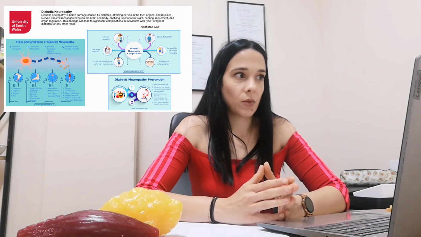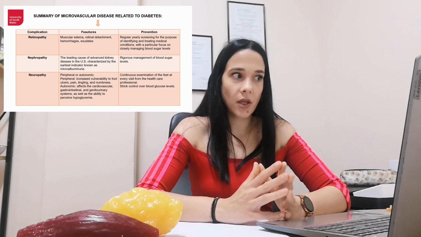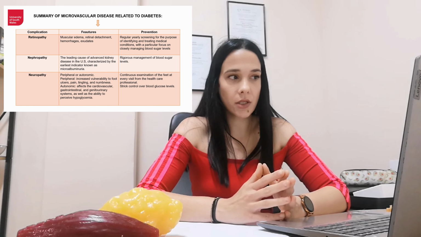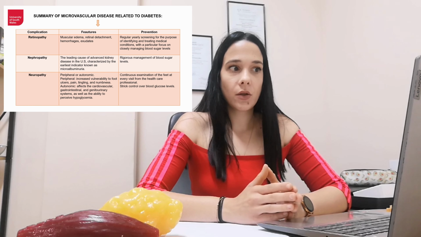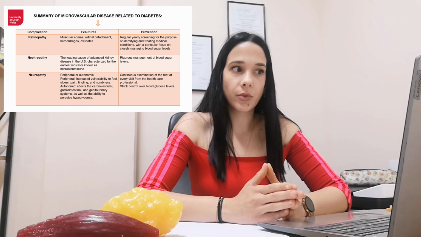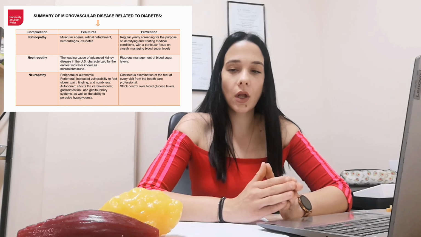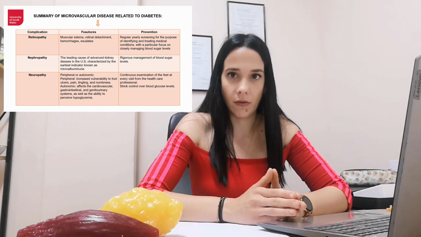To sum up, I would like to give you a summary of the microvascular diseases related to diabetes. So, we have retinopathy. Some of the features of retinopathy are macular edema, retinal detachment, hemorrhages, and exudates. How can we prevent it? By regular and yearly screening for the purpose of identifying and treating medical conditions, with a particular focus on closely managing blood sugar levels.